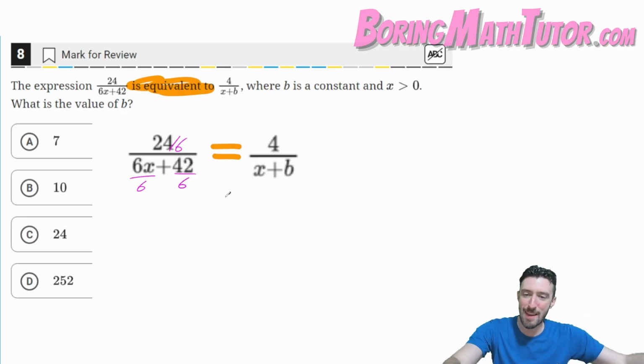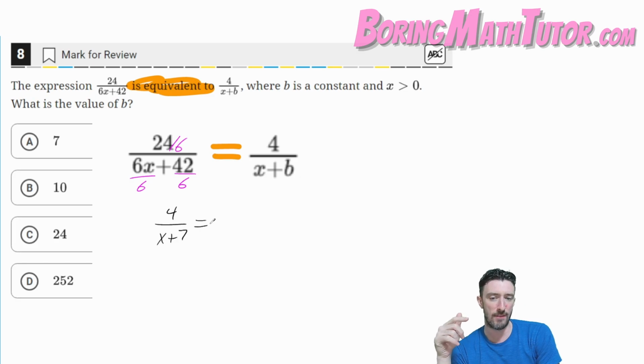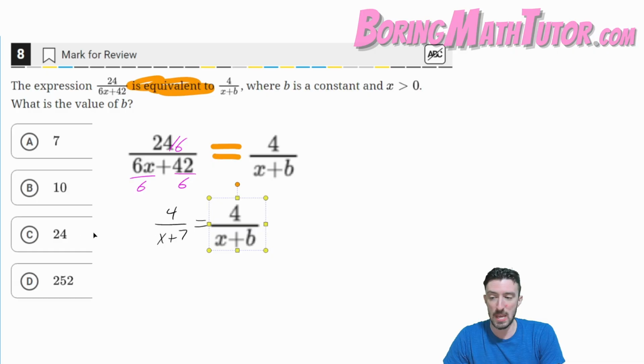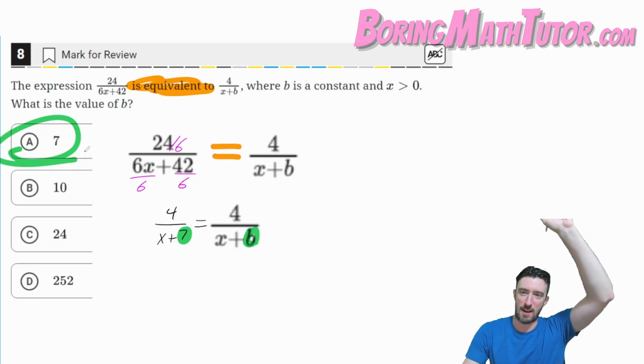As long as I can divide everything by 6, then I'm allowed to do it. So that's going to be 4 over x plus 7. Well, if that's equal to 4 over x plus b, I could now just match up here and get the hell out of here. Goodbye!